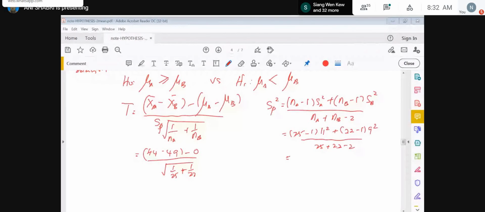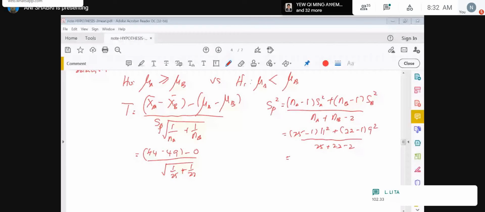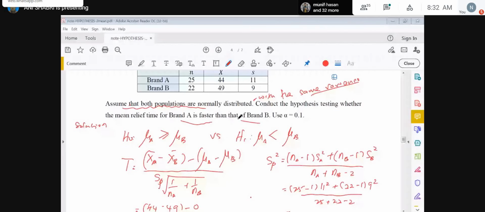Cara tentukan H0 dengan H1 macam mana? Yang soalan bagi letak kat H0 ke H1? Kalau nak tengok senang, look here.